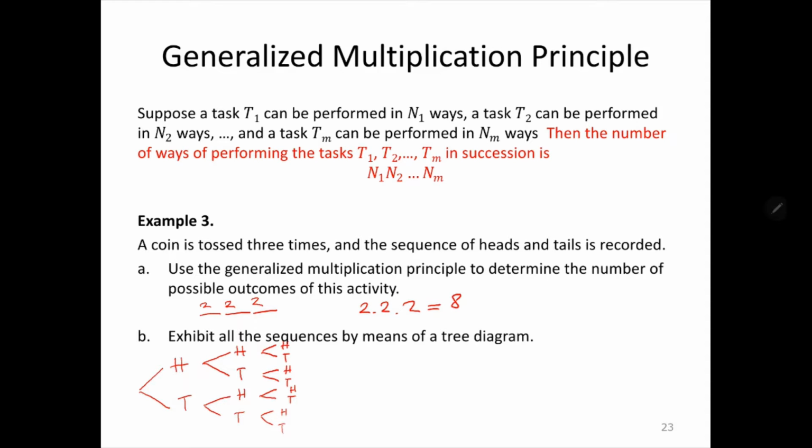So what are the outcomes? The first is HHH, then HHT, HTH, HTT, THH, THT, TTH, and TTT. Altogether we have 8 possible outcomes, which has been counted by the generalized multiplication principle.